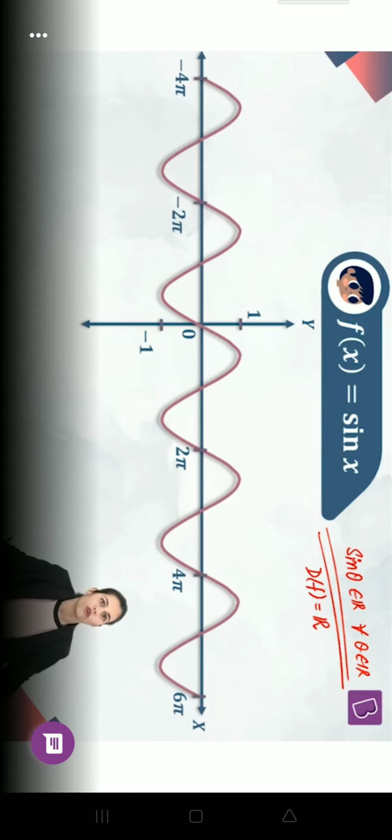Why? Because if I take this interval of length 2 pi, whatever is the behavior of sine in this interval of length 2 pi, exact same is the behavior of sine function in the consecutive intervals of length 2 pi to the right of this interval as well as to the left of this interval. Got it?